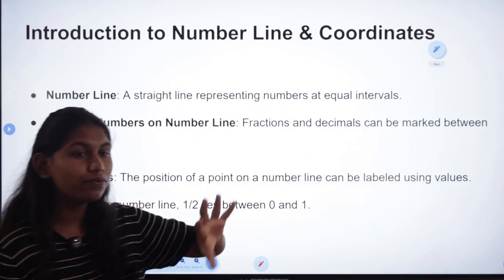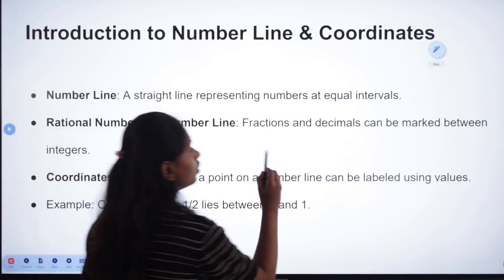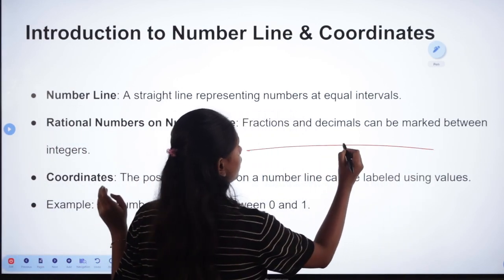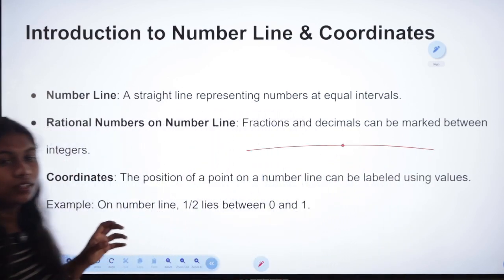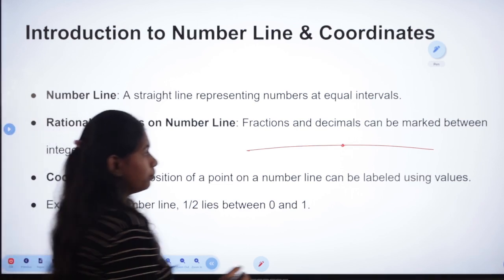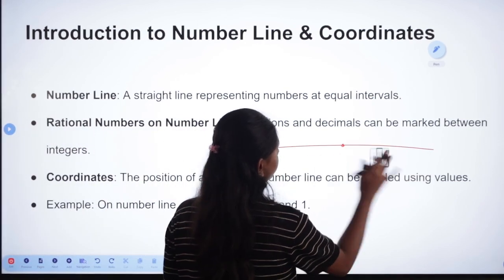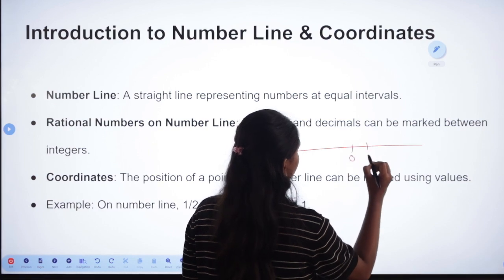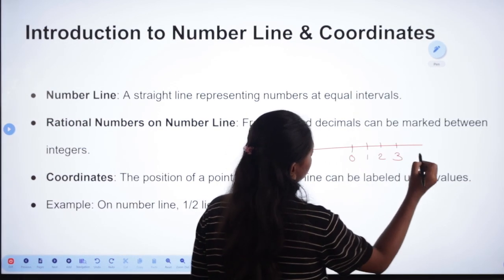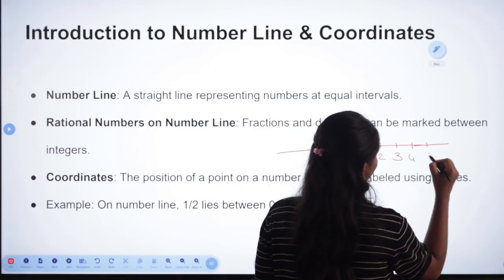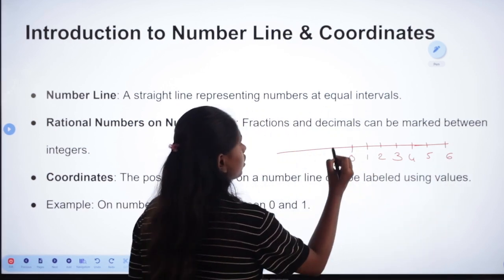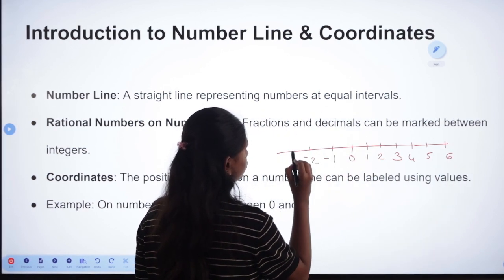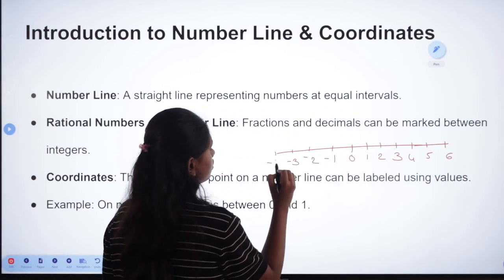A pictorial form of numbers is known as a number line, and there is always zero in the middle, in the center. 0, 1, 2, 3, 4, 5, 6, -1, -2, -3, -4.